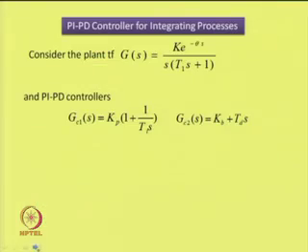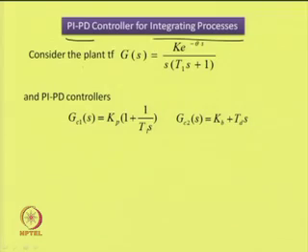Next, we shall attempt to design a PIPD controller for integrating processes. Earlier, we have seen how PIPD controllers are useful for not only stable, but also for unstable processes with or without time delay. Now, an attempt will be made to design a PIPD controller for integrating processes.